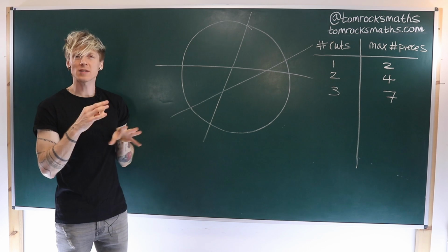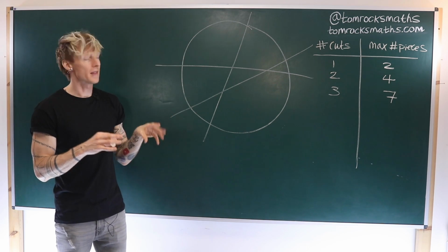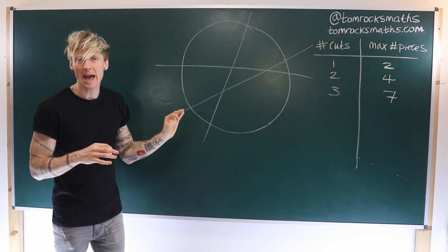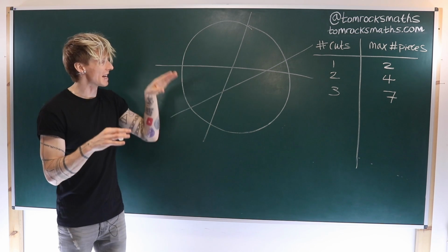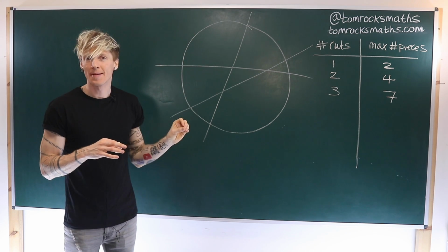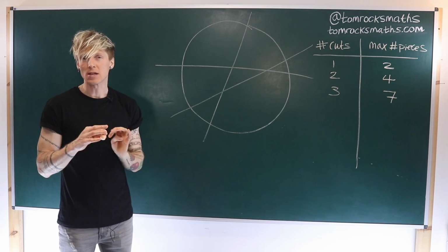So I think we've actually spotted something really important. It seems that in order to maximize the number of pieces that we can get, we actually need our next cut to intersect all of the lines that are already there. So let's use this now and try it out for n equals 4.